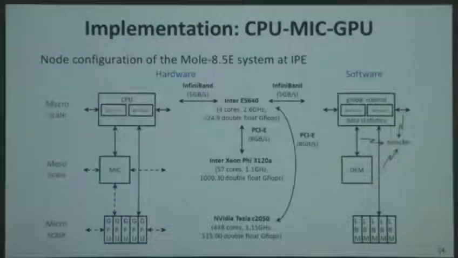For this purpose, we also developed our own computational node using all three processors in one node. They are connected by PCIe, with InfiniBand connections between the nodes, and the data are also transferred between these three kinds of processors.